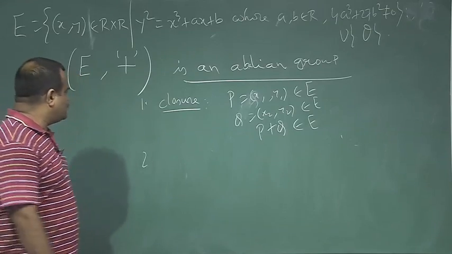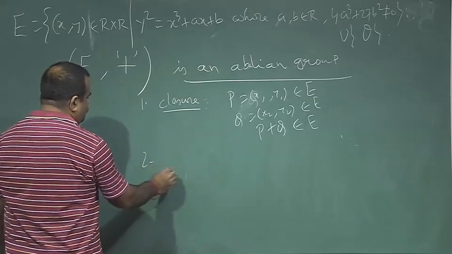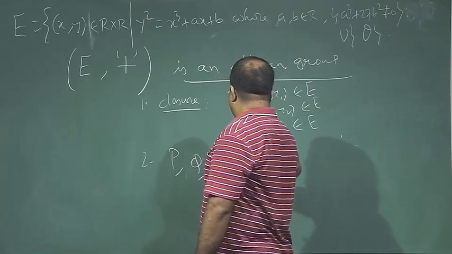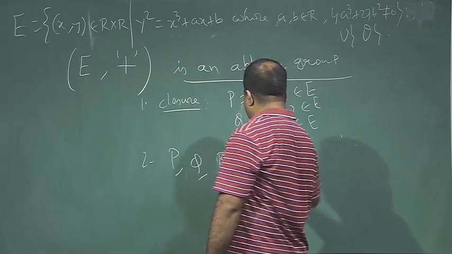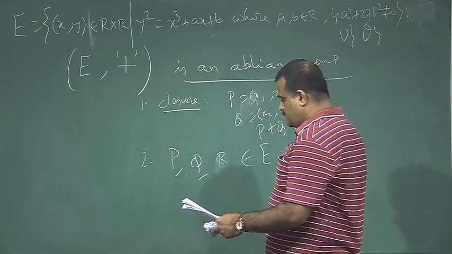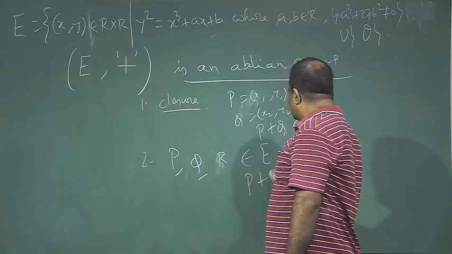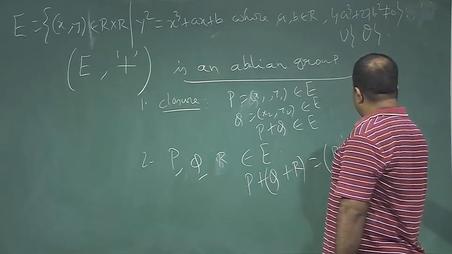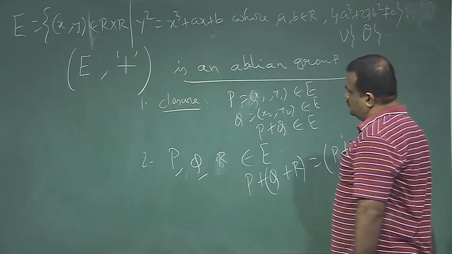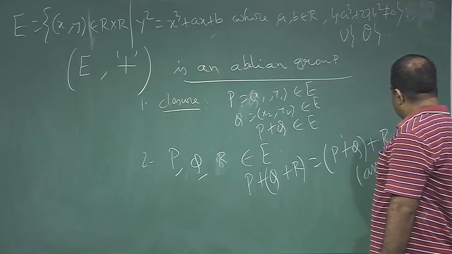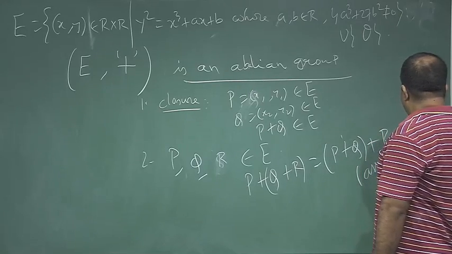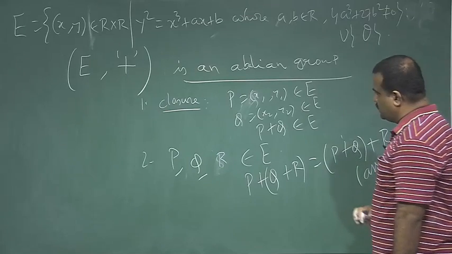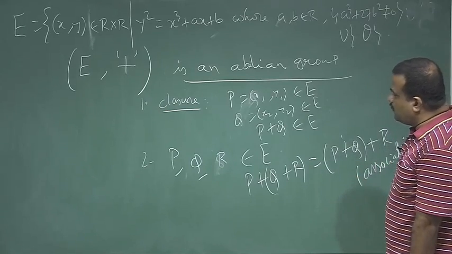So, associativity means if you take 3 points P, Q, R from E, then we must be able to see that (P plus Q) plus R should be the same as P plus (Q plus R). So, this is called the associativity property. Okay. And this must be true for all P, Q, R.